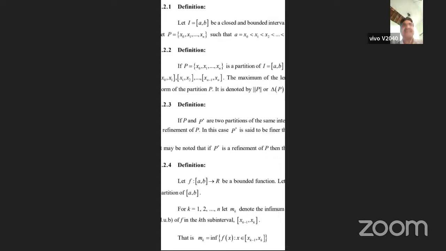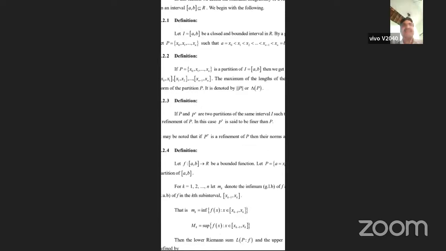After the simplification, we get xn minus x0. Here xn equals b and x0 is a. So the overall interval is the closed interval [a, b], and its length is b minus a.